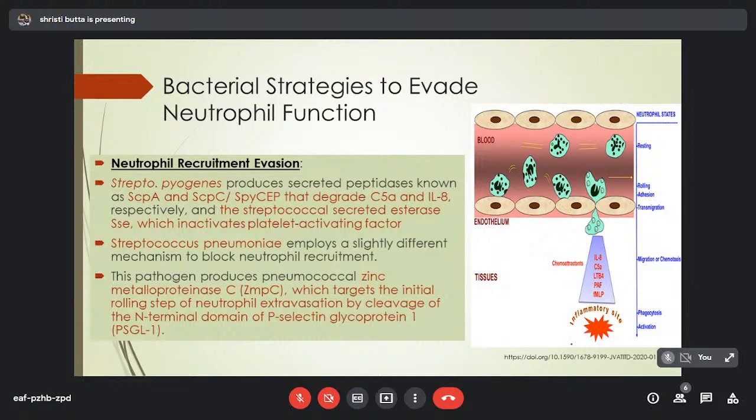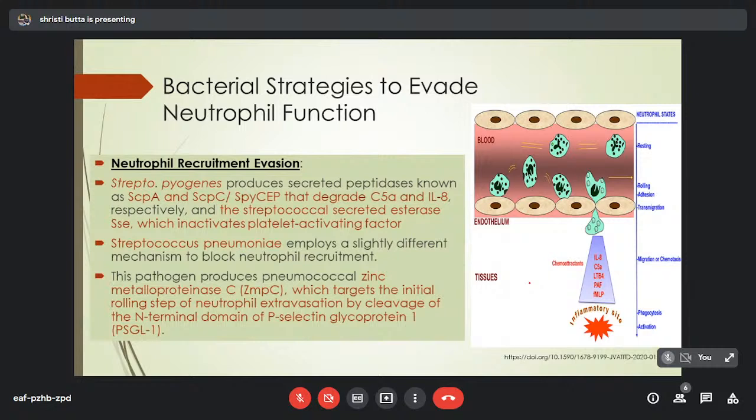Once these chemoattractants are degraded, it can cause a defect in neutrophil function. Even the streptococcal organisms secrete esterases like SsE, streptococcal secreted esterase, which inactivates the platelet activating factor. Remember, platelet activating factor is also a chemoattractant.